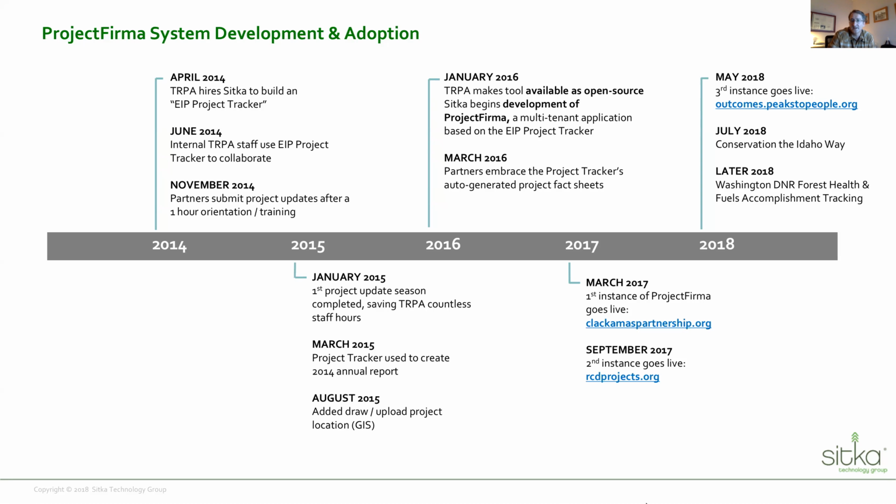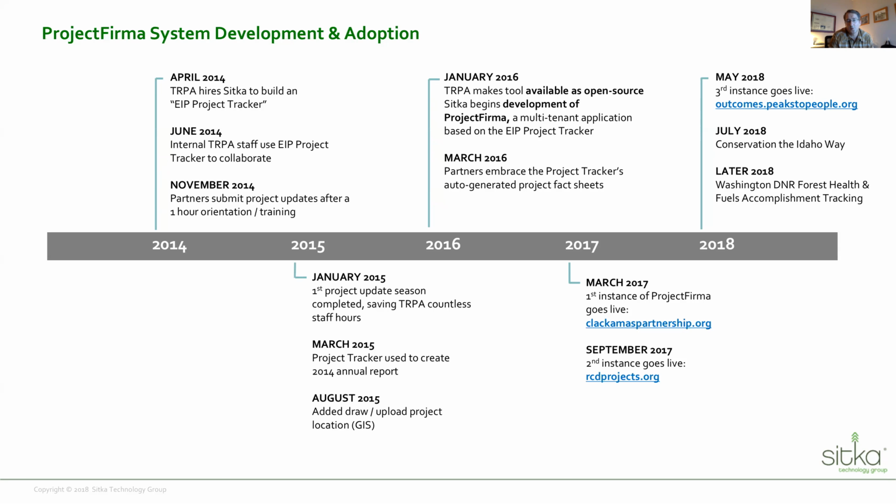So in 2016, TRPA put a reciprocal open source license on the technology so that other agencies and programs could leverage their investment, but also so that TRPA could realize the benefits of other people's contributions to the platform, and so that everyone in the community could benefit.